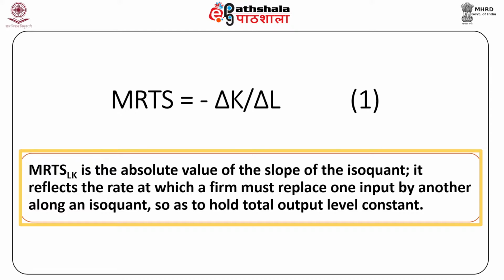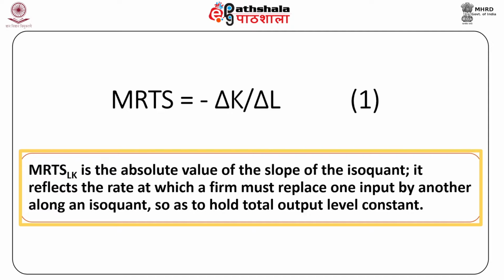However, as we keep reducing capital and substituting it with labor, capital becomes scarce and labor becomes plentiful, lowering the MP of L and increasing the MP of K. So, now a unit reduction in K will have to be substituted for by more of L than before.